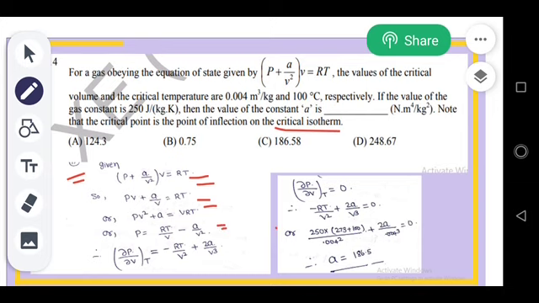You differentiate pressure with respect to volume at constant temperature, and you will get this. Equate it to 0. When you equate it to 0, R you have, T you have, V you have, so you will get the value of A here. So A is 186.5. Everything is in SI units, so you will get it like this.